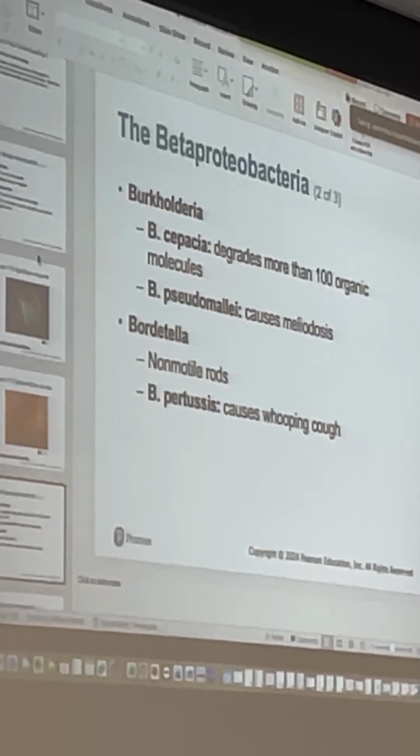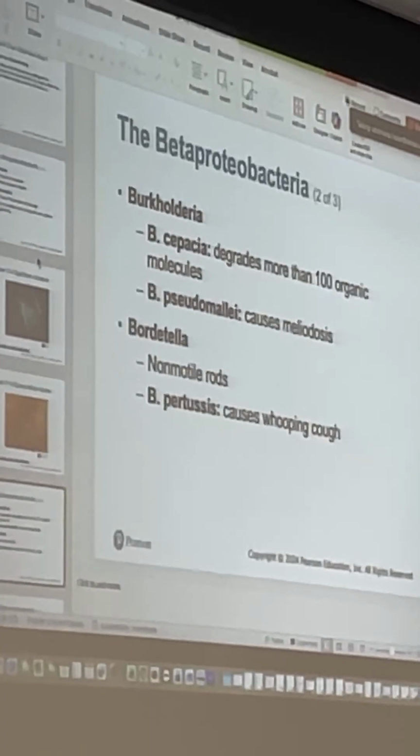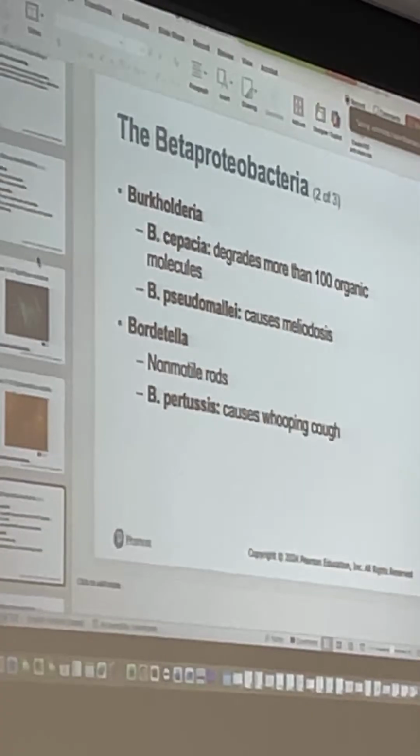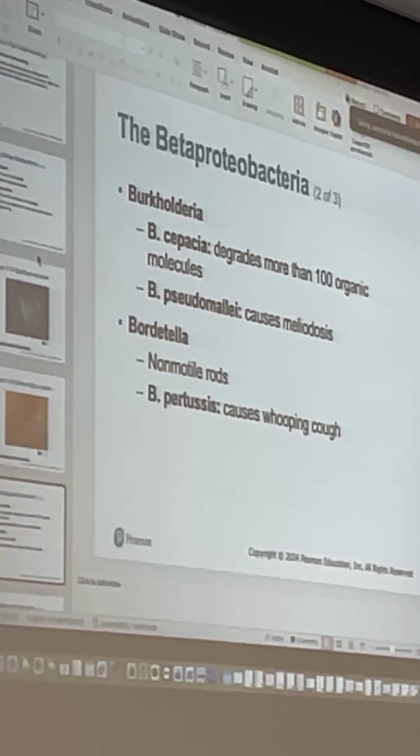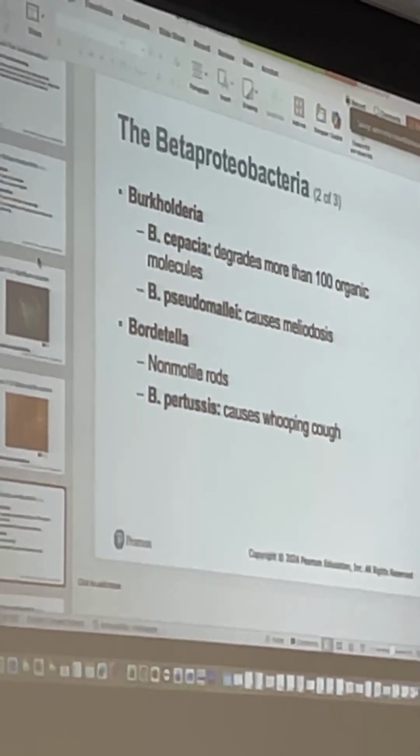Now Bordetella, this one is one you should have some familiarity with. So Bordetella pertussis causes whooping cough, right? We know that that's something you can take a vaccine for. That's the DTaP, which covers tetanus, pertussis, and what's the D? Diphtheria. Is this the one that causes kennel cough in dogs? I think it's a different one for dogs.